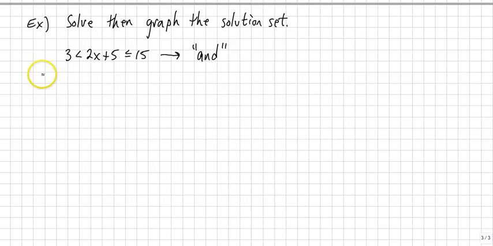So I would do 3 is less than 2x plus 5 and 2x plus 5 is less than or equal to 15. So you could almost think of it as, you've got some parentheses there. So I would write it as and then solve them separately. So I would move negative 5 to the other side. Subtract 5, I guess, if you want to think of it like that.